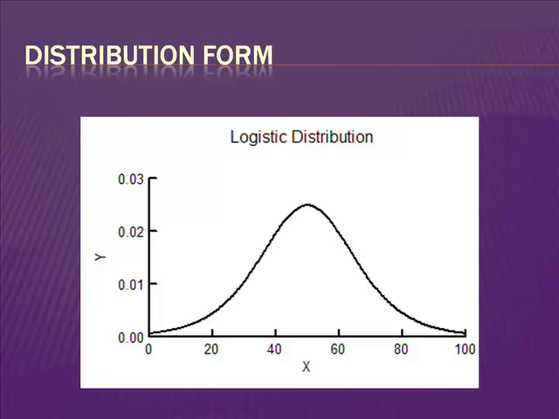So when you see data in which most of the scores are in the middle and fewer scores as you go off to the left and the right tails, the negative and the positive tails, looking at a distribution like that doesn't give you reason to state that's a normal distribution.